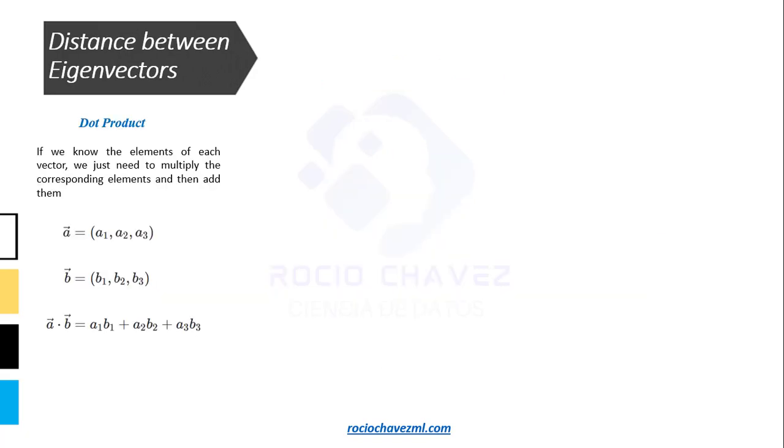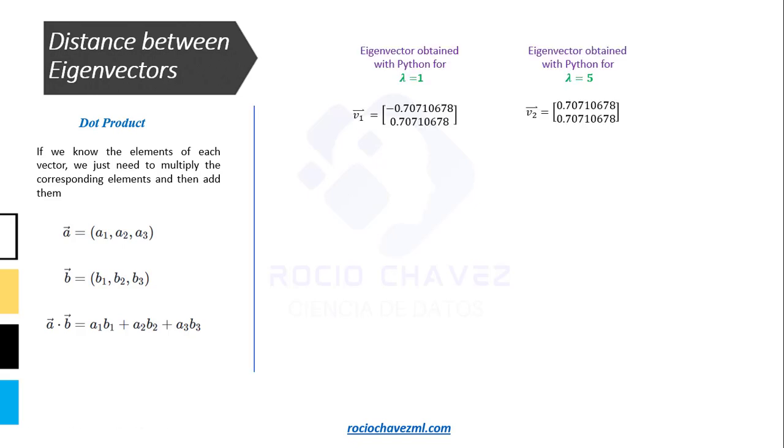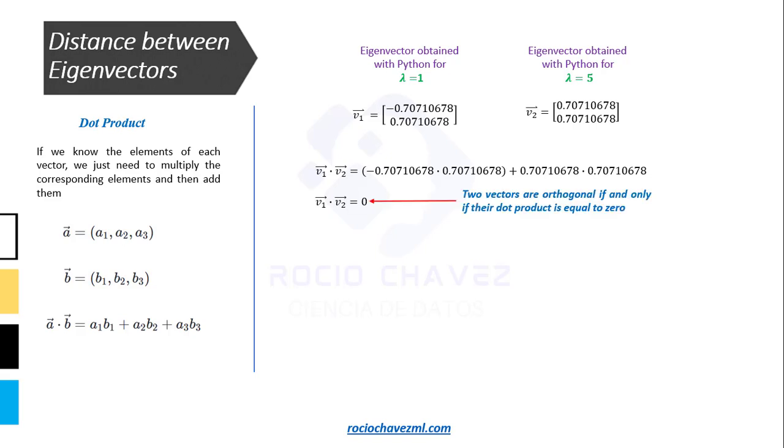To obtain the dot product of two vectors, we simply multiply the corresponding elements of each vector and then add everything up. Let's calculate the dot product of the eigenvectors 1 and 2 that we just found. And we see that it is equal to 0, which means they do not contain redundant information.